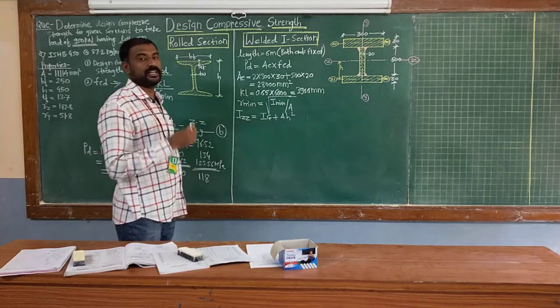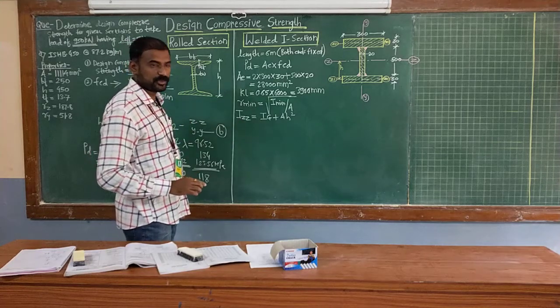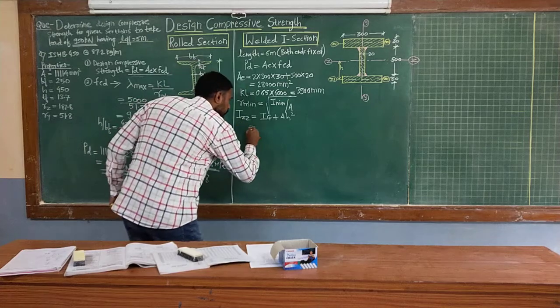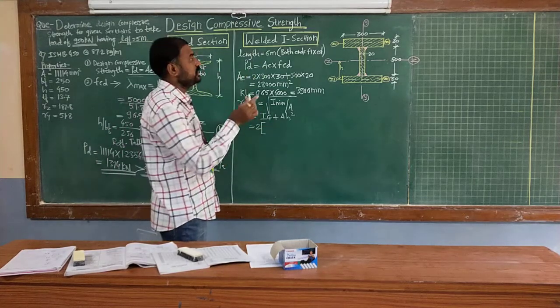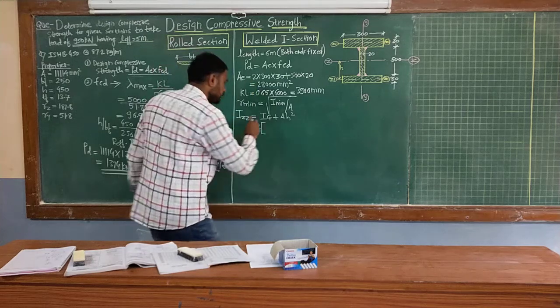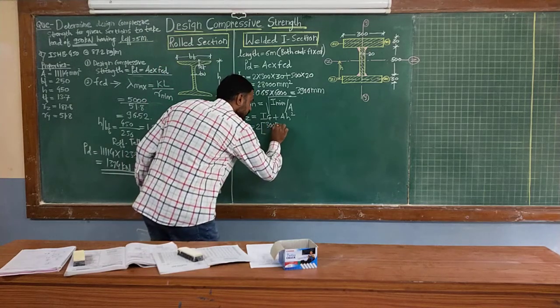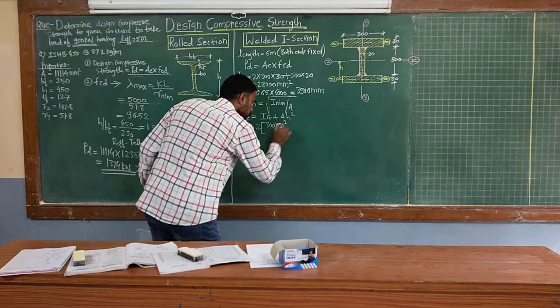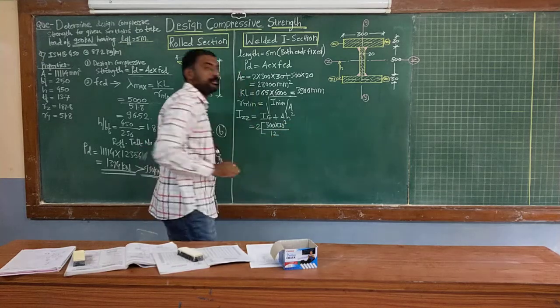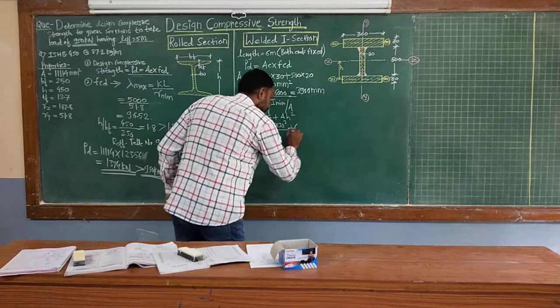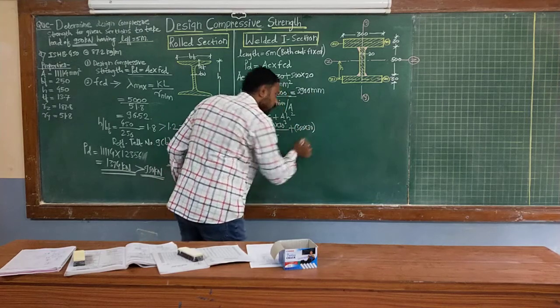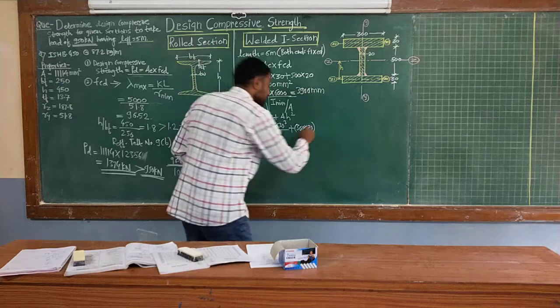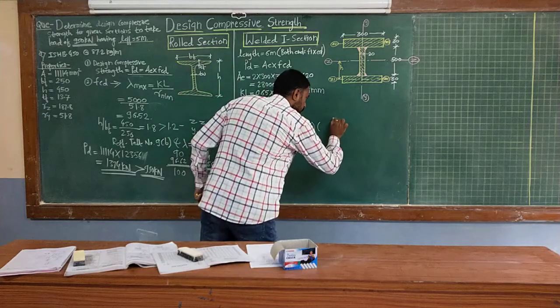The moment of inertia for a rectangular section is B D cube by 12. So this will be 2 times, as I am writing for your flanges, B is 300 and depth is 30, so 300 into 30 cube divided by 12, plus area into h square, that is 300 into 30, the area of flange, into h square.